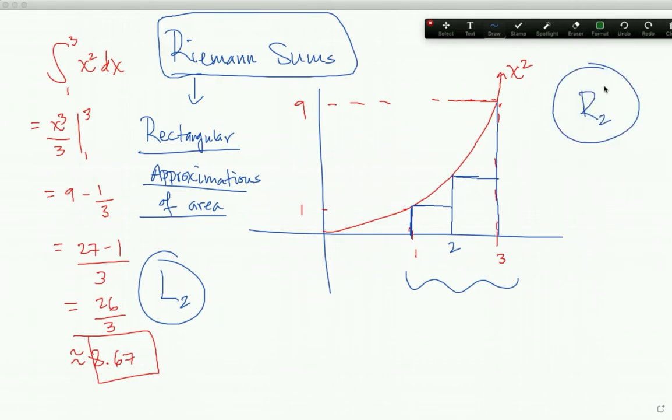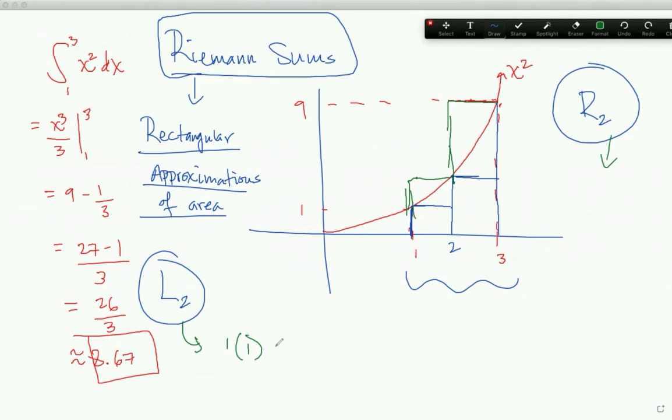So for R2, it would be this rectangle and then this rectangle. Well, okay. So let's find L2 and let's find R2 in this specific example. And the function we're working with is x squared. So talk to me. So it'd be 1 times 1 for the area of the first one.